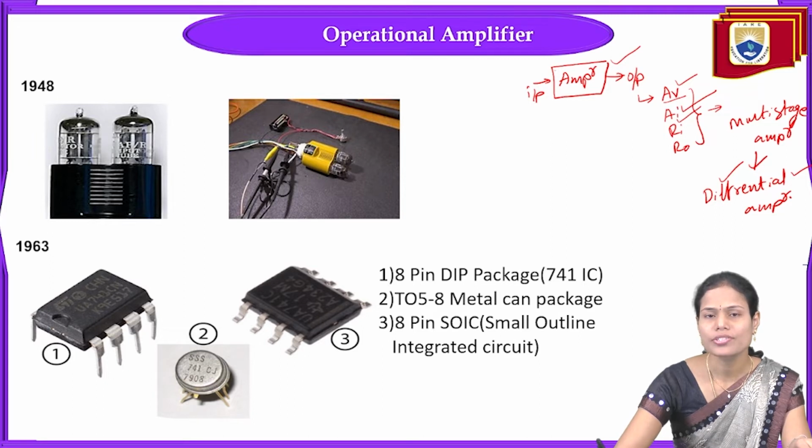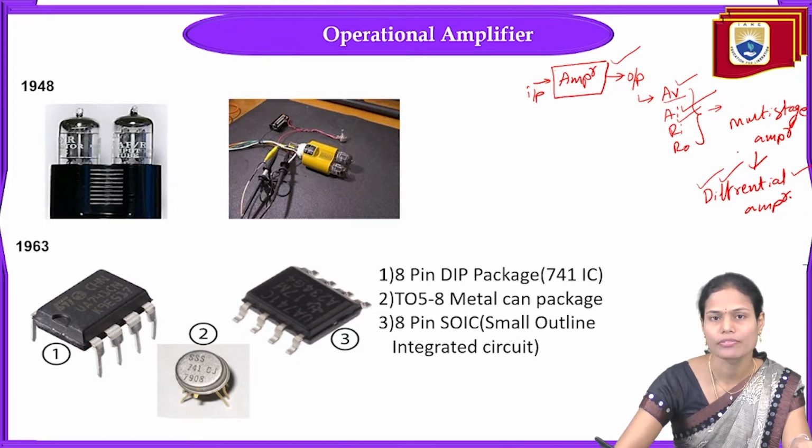In the case of multi-stage amplifiers also, they are restricted to some mid-frequency range of signals only. They may provide a proper voltage as well as current gain for the mid-frequency range of signals, but not proper amplification in the low frequency as well as high frequency range of signals. In the case of the differential amplifier, we can somewhat rectify that low frequency and high frequency problem.